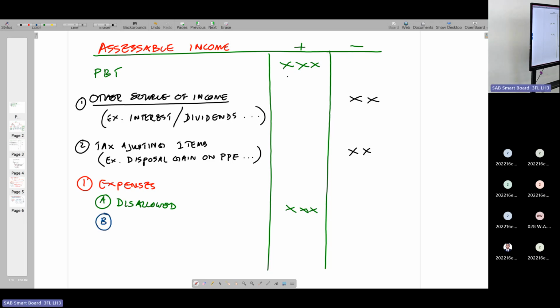So other expenses that could be allowed, then again I need not deduct it. Why? It has already been deducted here.